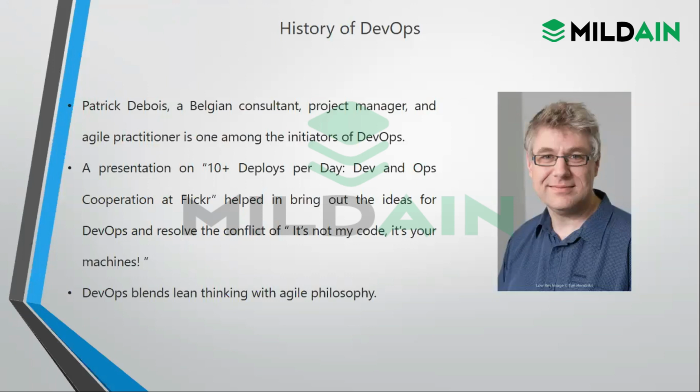That's why the term DevOps comes there. He gave a complete presentation: 10 deploys per day, that is dev and ops in cooperation with this work. So this is about how DevOps came about.